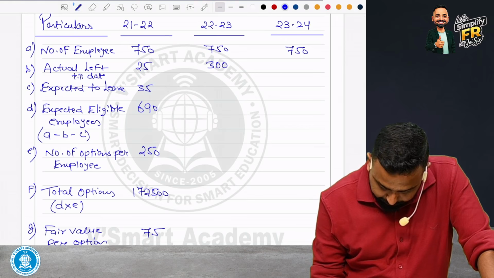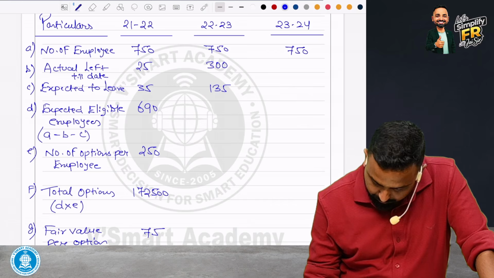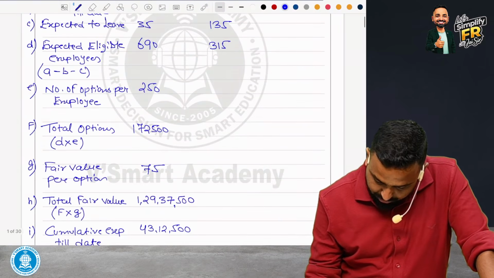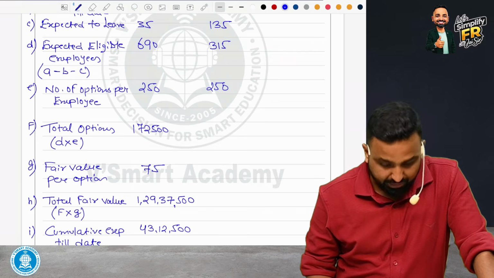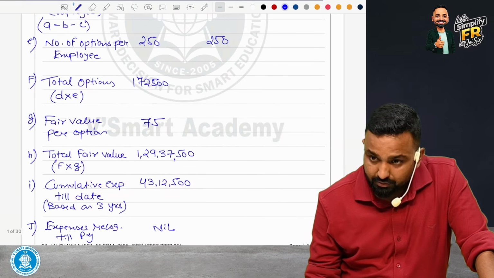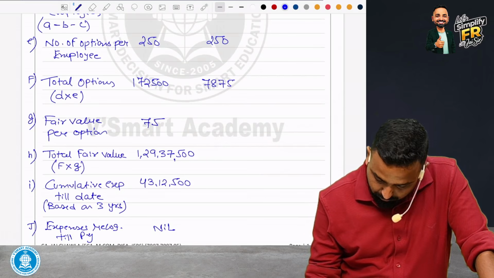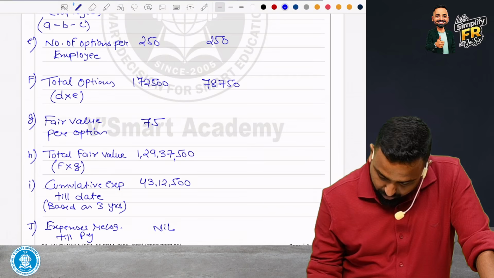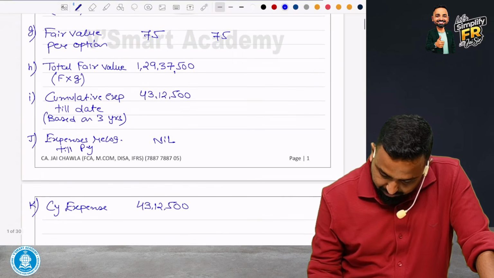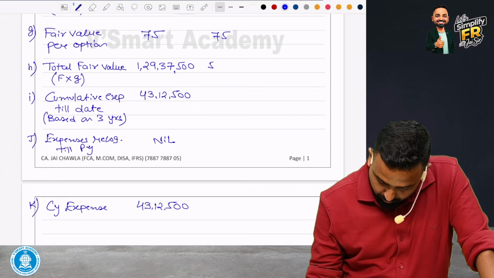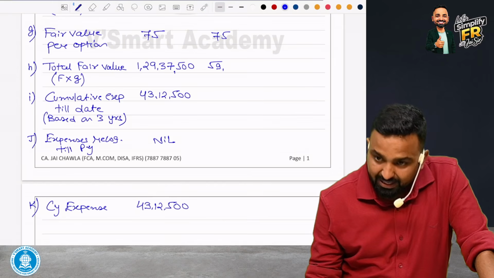Number of employees 315. Options 250. Total options 78. Fair value, cumulative total fair value 59 lakh.